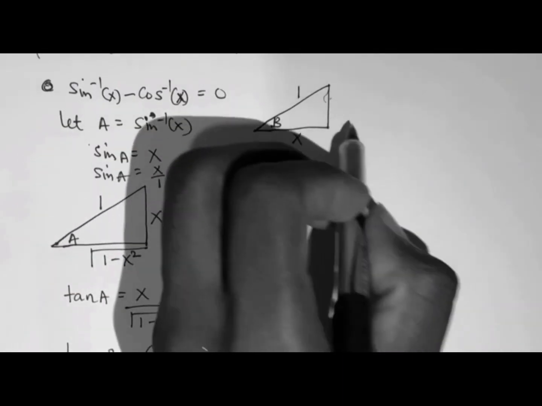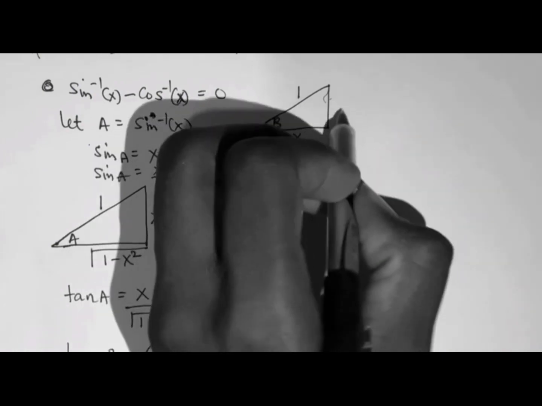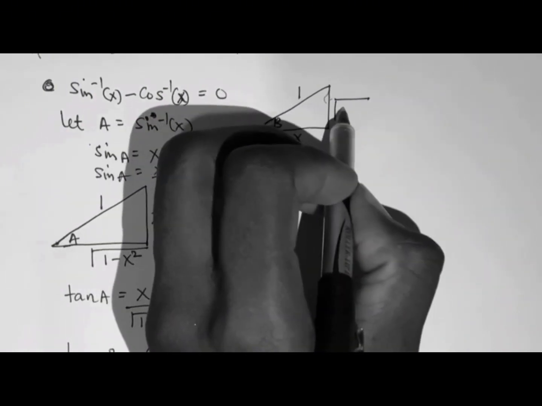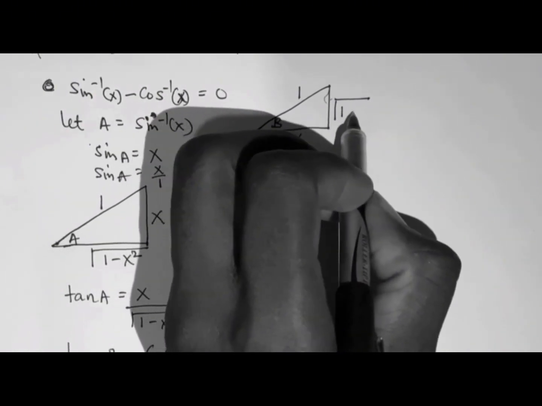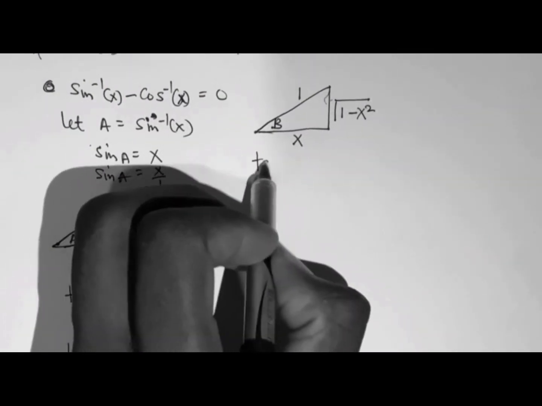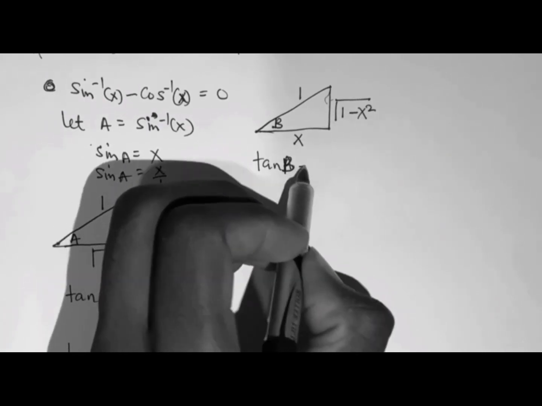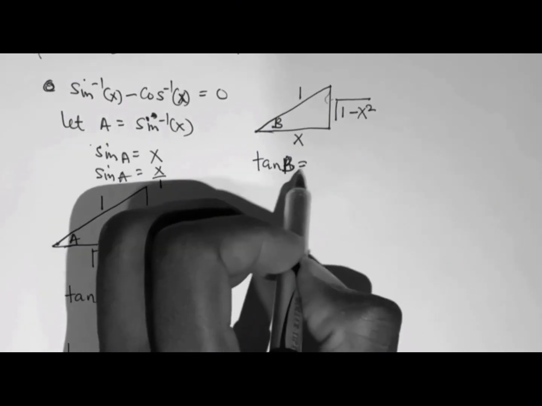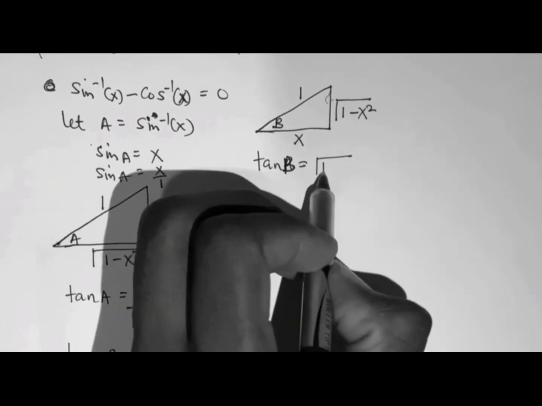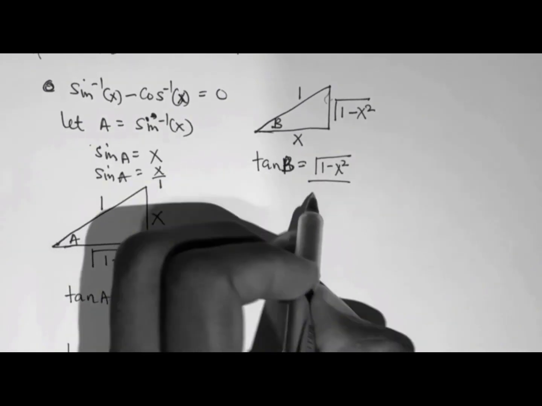So the adjacent is x and the hypotenuse is 1. So that side becomes square root of 1 minus x squared. So we can find tan b. Therefore, tan b, opposite over adjacent, is equal to square root of 1 minus x squared divided by x.